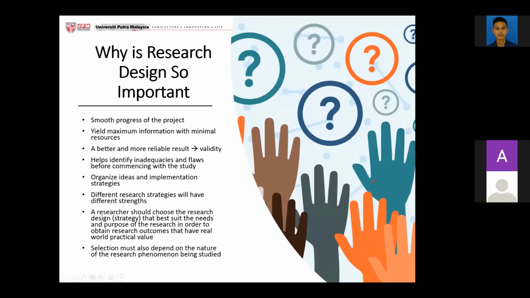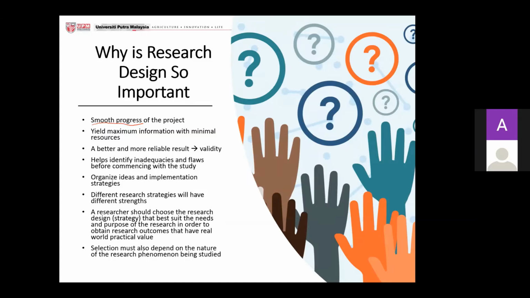So why is it so important? I've touched upon this a couple of times before, but the major thing is smooth progress. You want your FYP to be as smooth as possible. You already know maybe this thing is not in the department. If it's not available, then you should start thinking about the alternative.